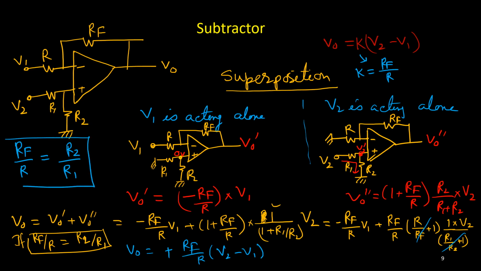If it is true, then only we'll get that V naught will be simply RF by R, this is the gain, and subtraction V2 minus V1.